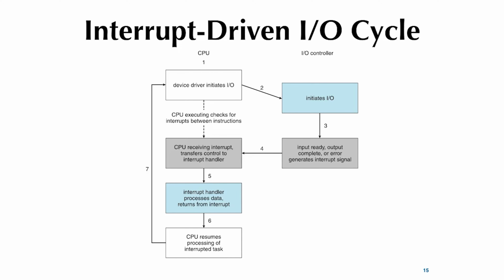You have CPU on the left, I/O controller on the right. And step 1 is the device driver initiates I/O, and then it has to talk to the I/O controller to initiate the actual I/O. And then step 3, the input ready or output complete or error generates an interrupt signal, right?